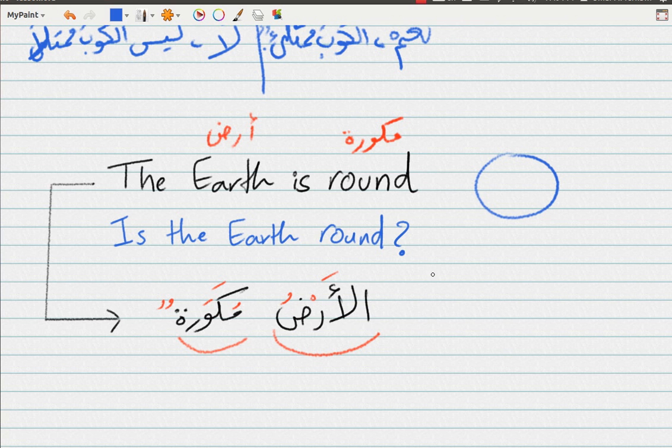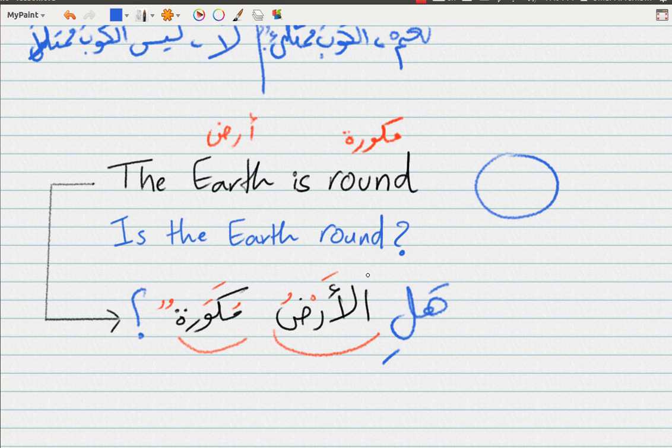Now if we want to make this a question of yes or no, we put hal and علامة استفهام, which is a question mark. Question mark in Arabic is علامة استفهام.